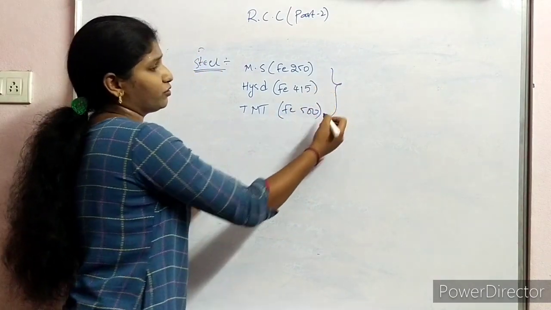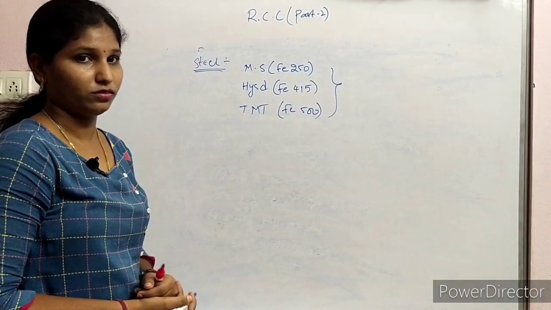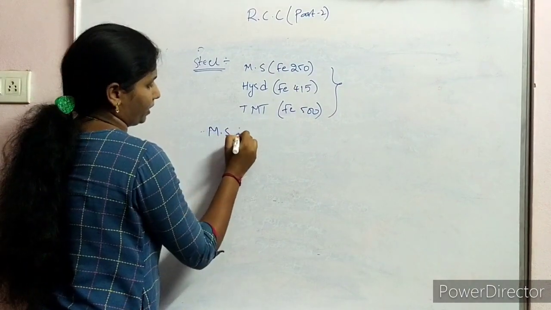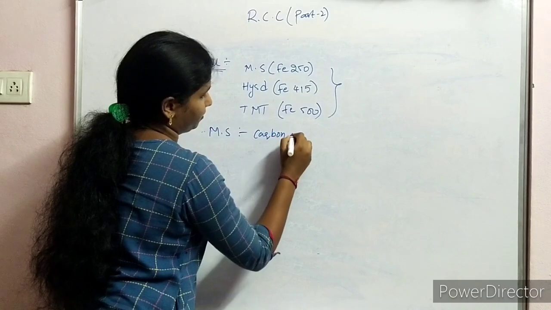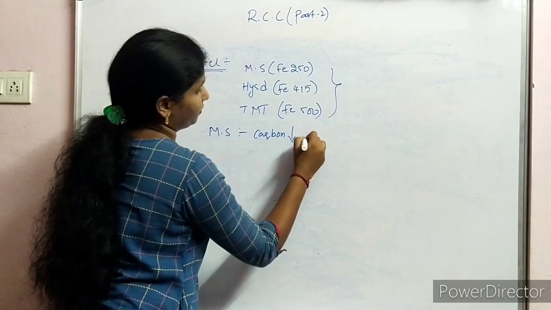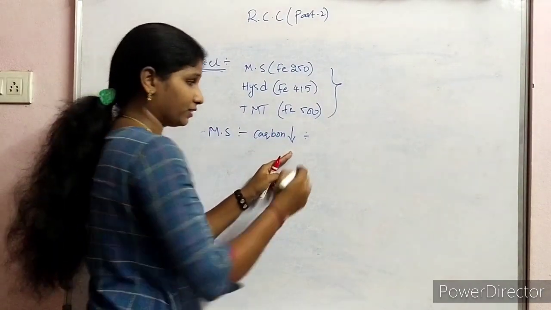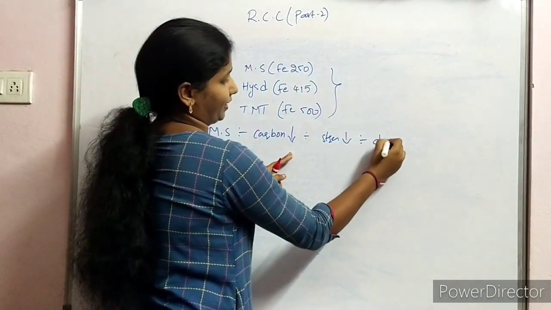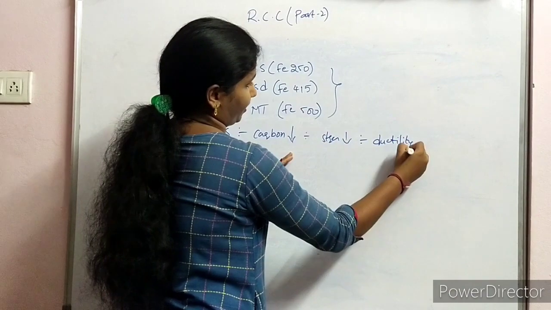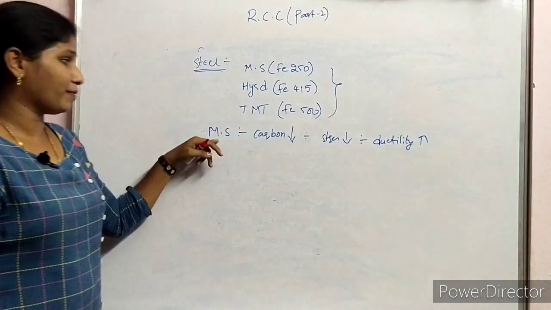Among these three types, which type of steel is used more? Why? Because in mild steel the carbon content is less. Carbon content is less means strength is also less. If strength decreases, what will increase? Ductility will increase in mild steel.